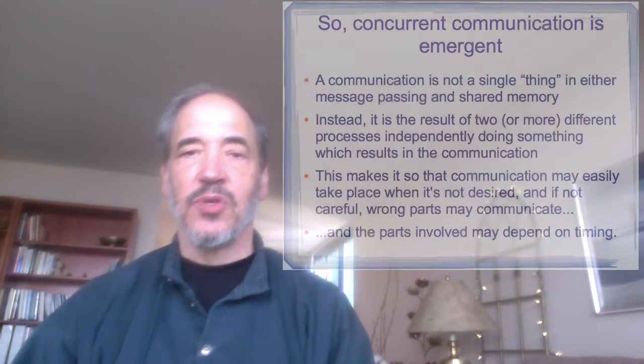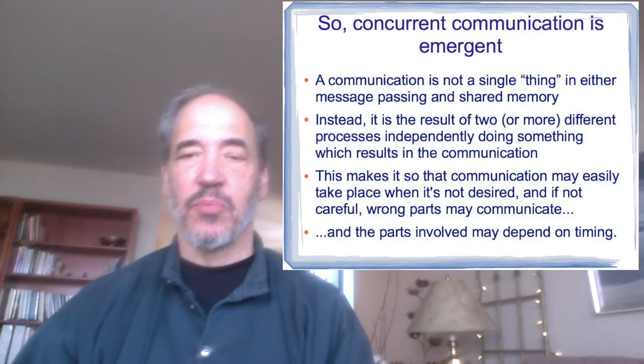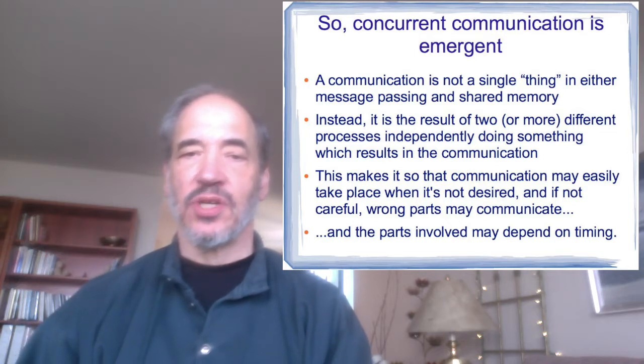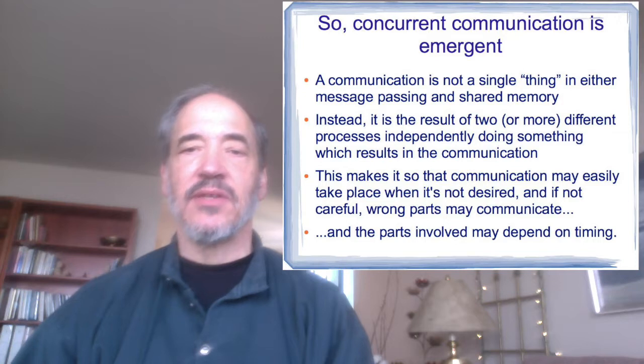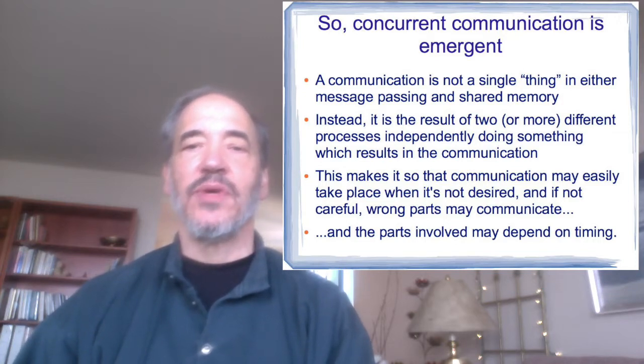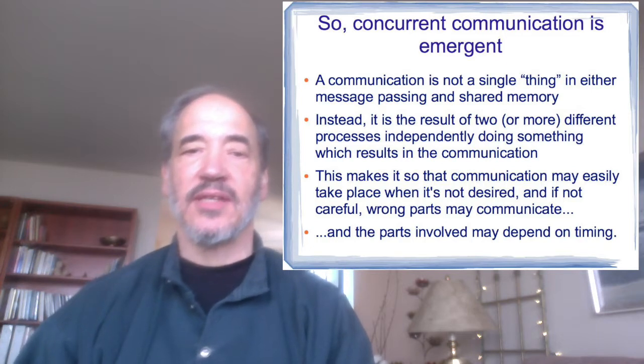But still, they'll use individual sequential programs and communicate between them. In those cases, concurrent communication is an emergent phenomenon. That is, a communication is not a single thing in the program that you can point to in either message passing or shared memory. Instead, it's the result of two or more different processes independently doing something which results in the communication.